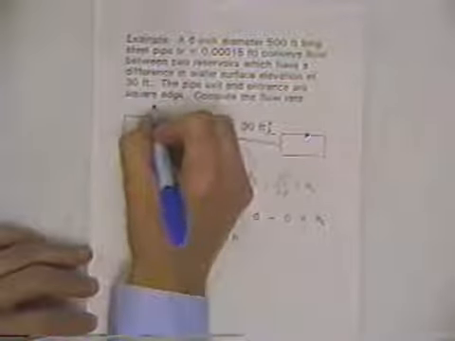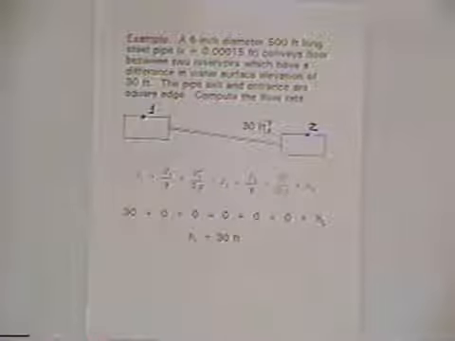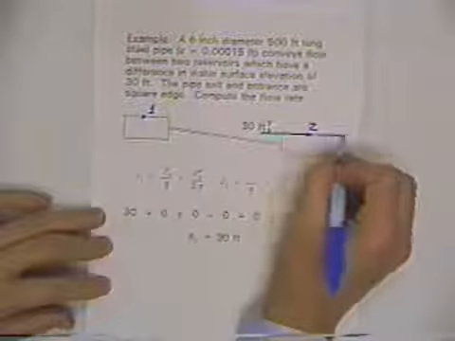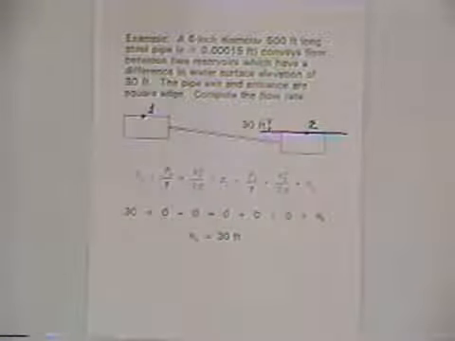So we'll call this point 1, and we'll call this point 2. We can define the datum wherever we like, so for convenience, say this is the horizontal datum, the water surface at the downstream reservoir. And so we write the energy equation between those 2 points. We've seen it several times already in this session, and here it is reproduced again.